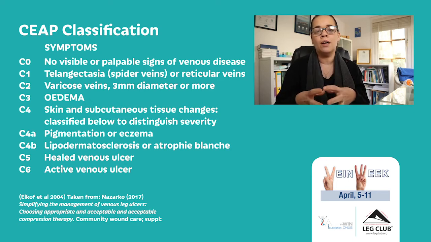It's a table and a classification system that has several different symptoms listed, from no visible or palpable signs of venous disease right up the trajectory to active venous ulcers. And within that, we have the symptom of edema.